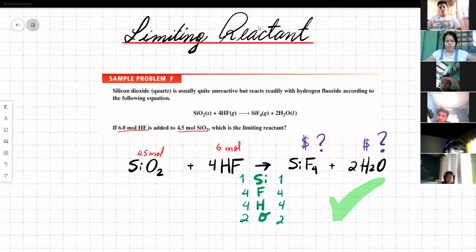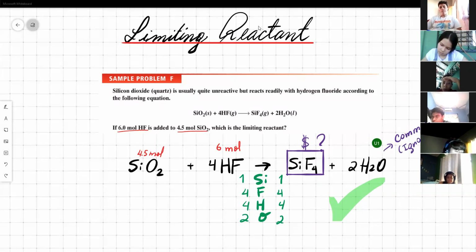So we're going to focus only on the more expensive substance that is produced. In this case, that is silicon tetrafluoride. Water, I'm just going to write that it's a very common product, so you can ignore it, okay?